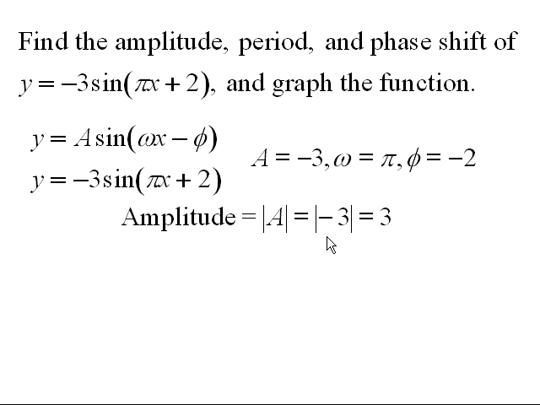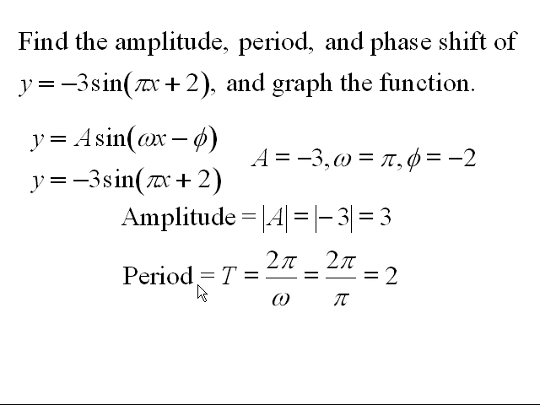So the amplitude, we're going to stretch this thing 3 units, and we'll keep track of the minus by going down when we start. The period, in terms of the relation between the period T and that multiplier of the x coordinate omega, T is 2 pi over omega, so canceling the pi's out with omega equaling pi, we get 2 for the period.